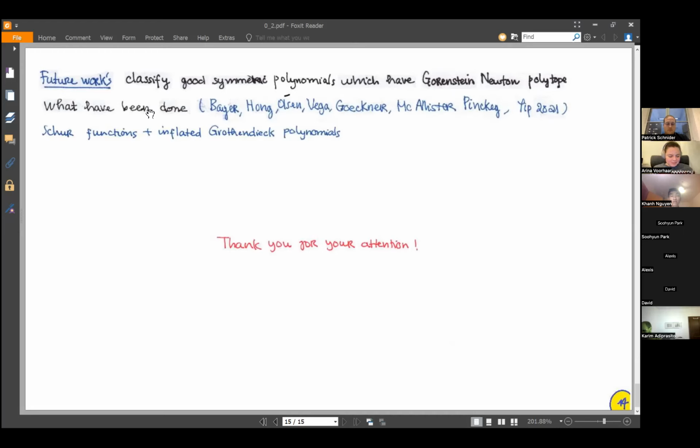And for this purpose, there is a work by Bayer, Hong, Ornstein, Vega, and other authors in 2091. So they already classified a special class of symmetric polynomials that have Gorenstein Newton polytope.